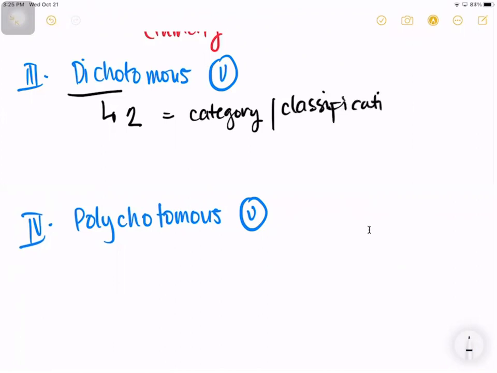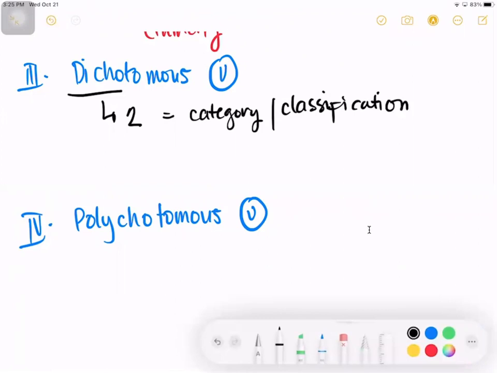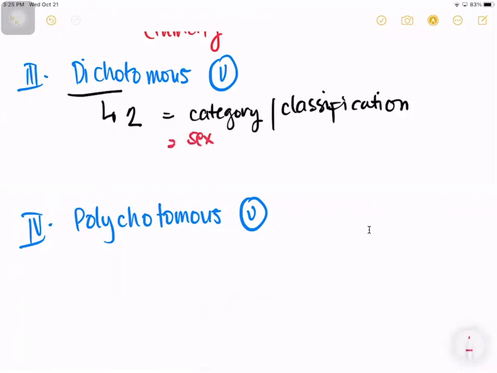So what are some of the examples of your dichotomous? Of course, we have your sex. Okay, so these are examples. Sex, male and female, but gender, it's not dichotomous because there are so many gender categories.